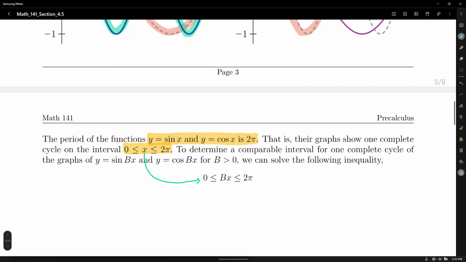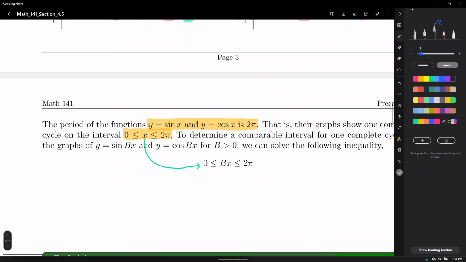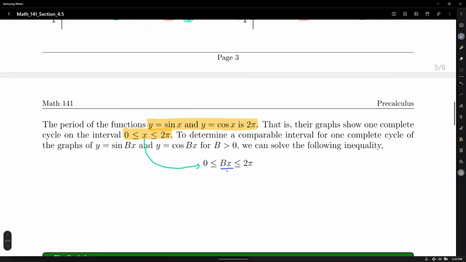And let's solve the compound inequality for x. That is, I'm going to divide the three sides of the inequality by b, and this will be 0 over b, that's still 0, less than or equal, the b's go away, x less than or equal to pi over b.